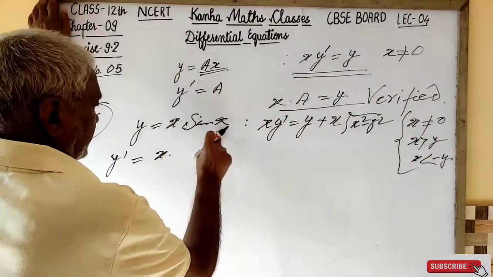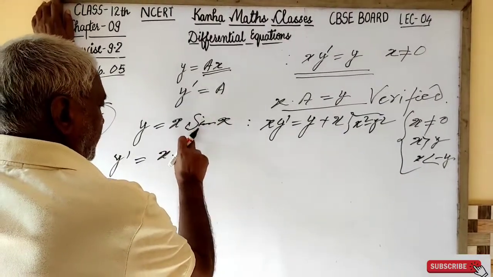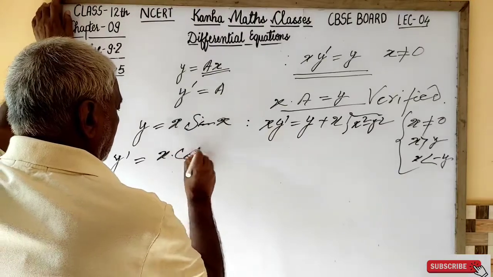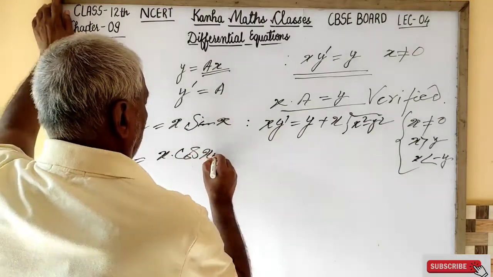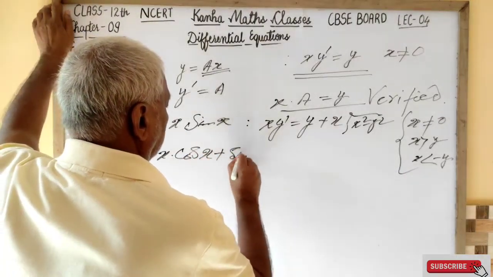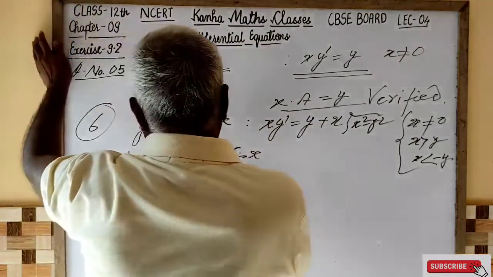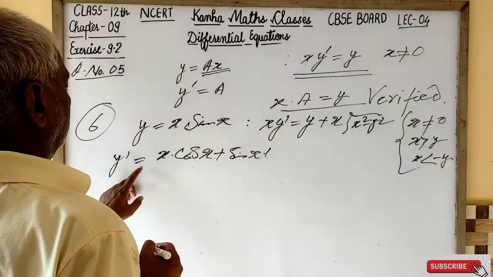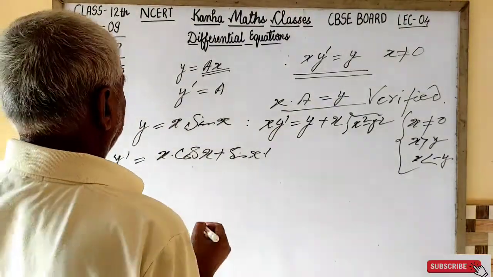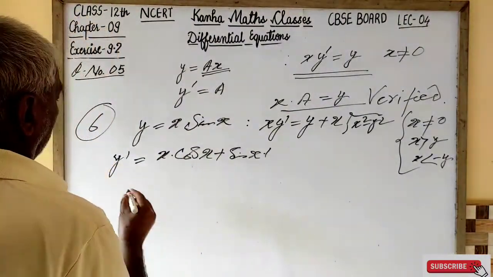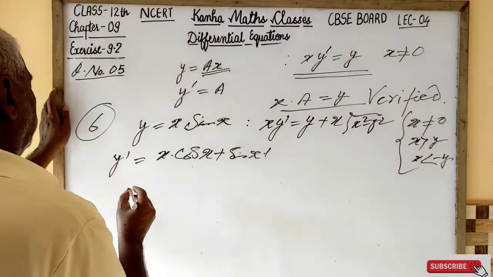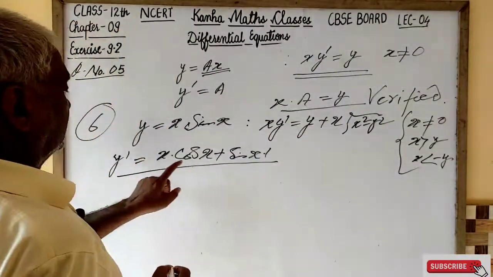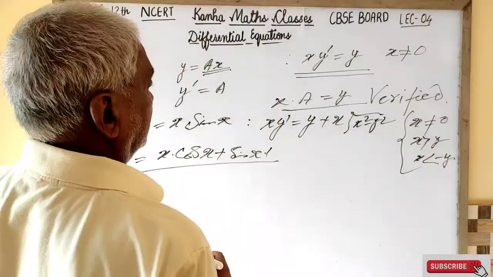We have to take the derivative of a product of two functions, means first function into derivative of second, that is x cos x, plus sin x, the derivative of first. Here we will get the first derivative of the given function, y dash is equal to x cos x plus sin x.